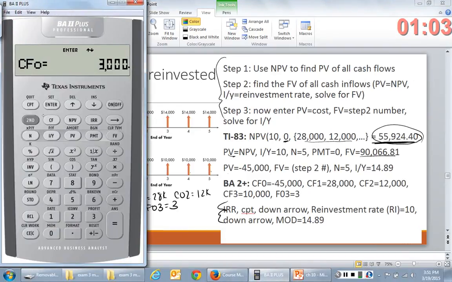So our cash flows. First clear it. So 45,000 negative. 28,000 with a frequency of 1. 12,000. And 10,000 with a frequency of 3. Push the NPV, enter in your discount rate, down arrow, and compute.